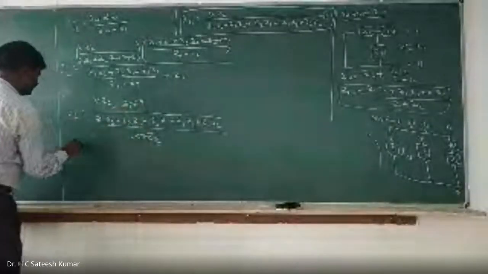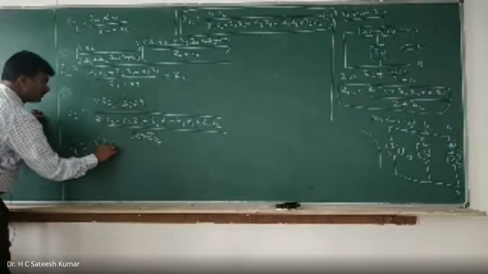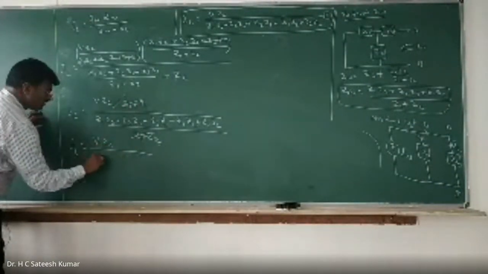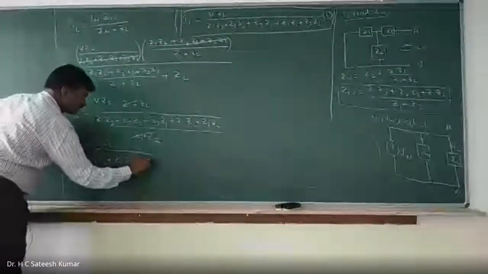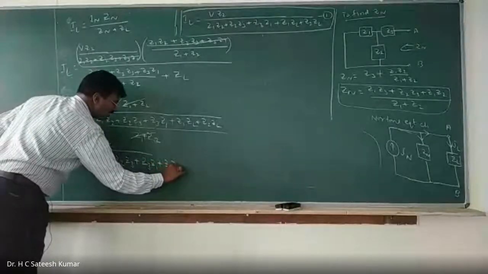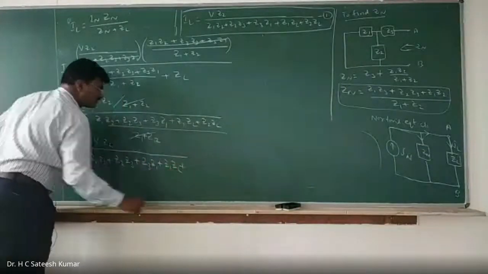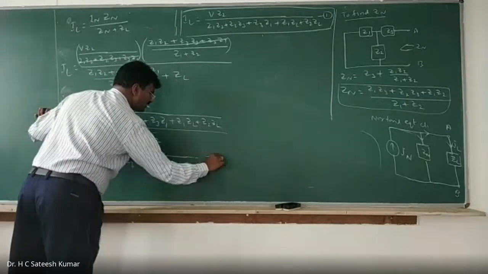This Z1 plus Z2 gets cancelled. Therefore, IL is equal to VZ2 divided by Z1 Z2 plus Z2 Z3 plus Z3 Z1 plus Z1 ZL plus Z2 ZL. Call this as equation number 2.